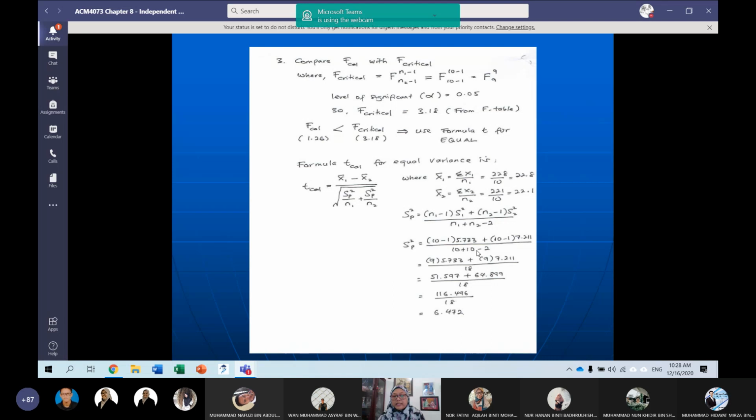Underneath, you have to do 10 plus 10, take away 2. 20 take away 2 is 18. We need to sum the two parts: 51.597 plus 64.899 is 116.496. 116.496 divided by 18 is 6.472.